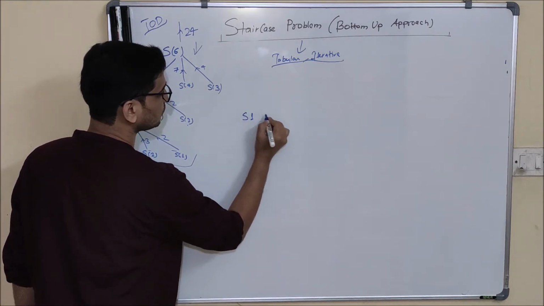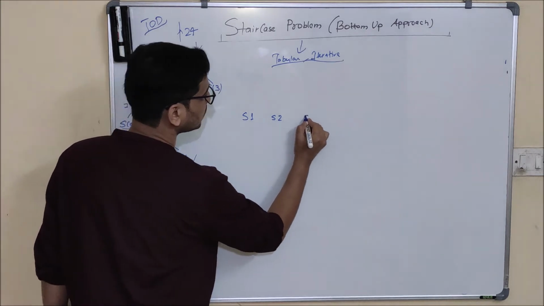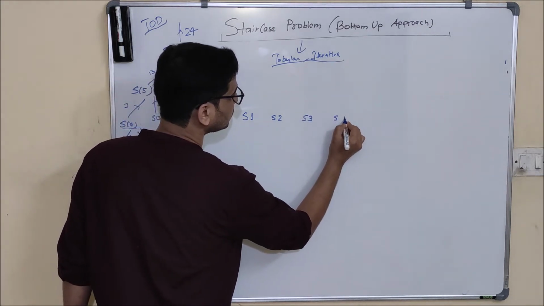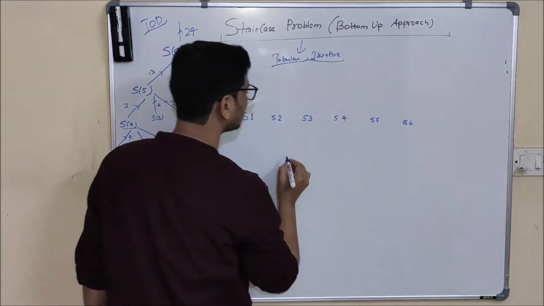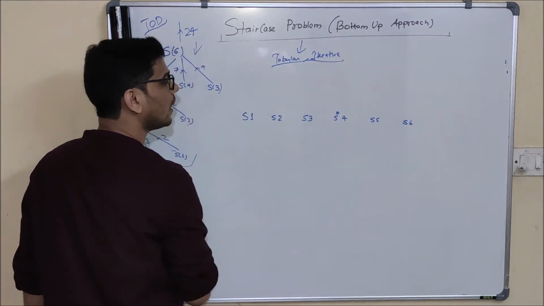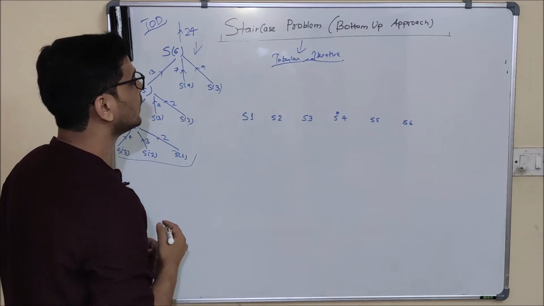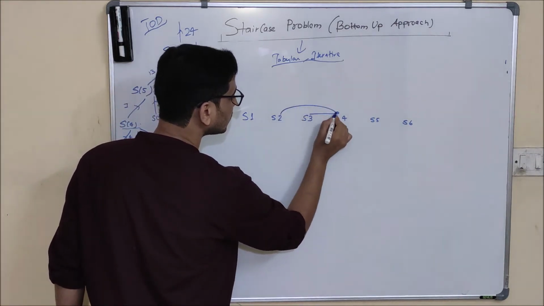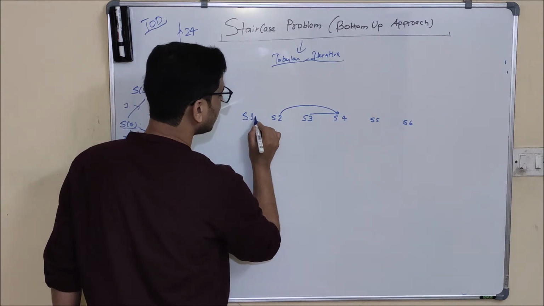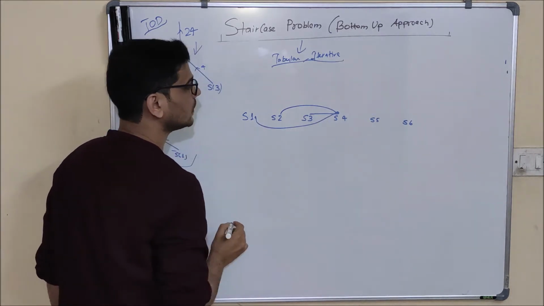Suppose this is our S of 1, this is our S of 2, this is our S of 3, this is our S of 4, this is our S of 5, this is our S of 6. Then how will S of 4 come to its value? Using S of 3, S of 2 and S of 1.